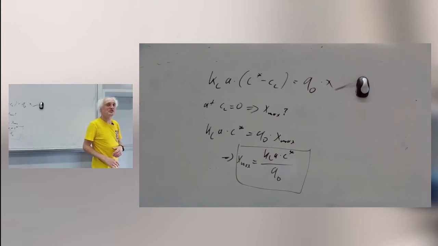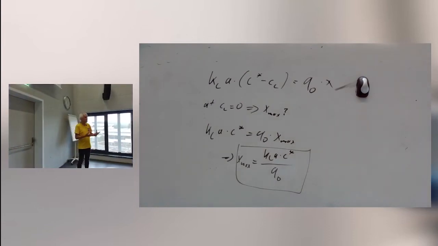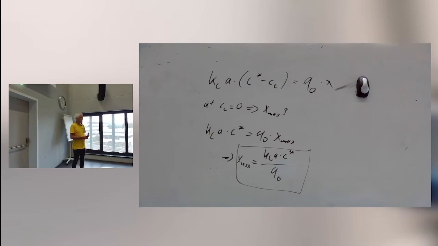So this equation gives you the maximal supported cell density in a certain setting. You cannot go higher, because after this cell density, oxygen transfer will become limiting.